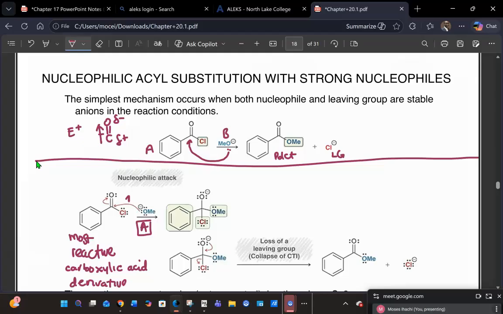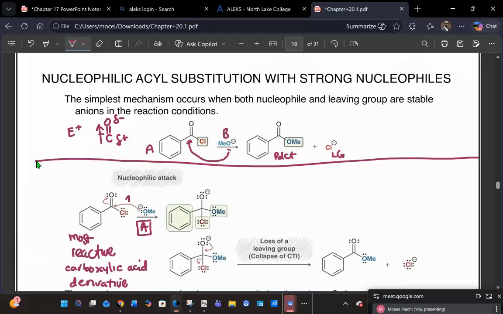I told you why this is the most reactive, because it has the best leaving group. So when you have anhydride or acyl chloride, you don't need to start with the protonation step. You will start with a protonation step if you're dealing with carboxylic acid, if you're dealing with amides. Esters, it depends whether you're doing acid catalyzed or base catalyzed. Okay.